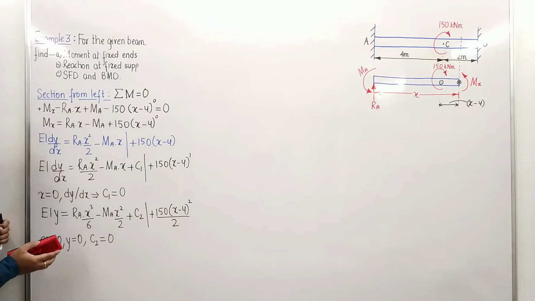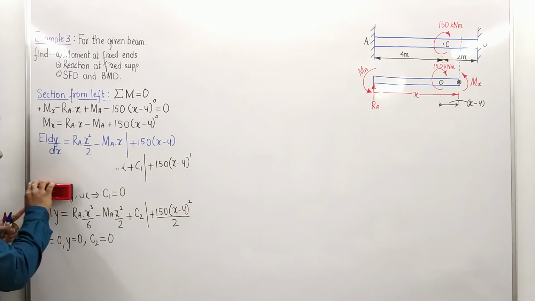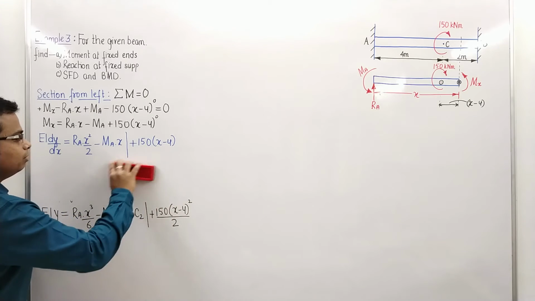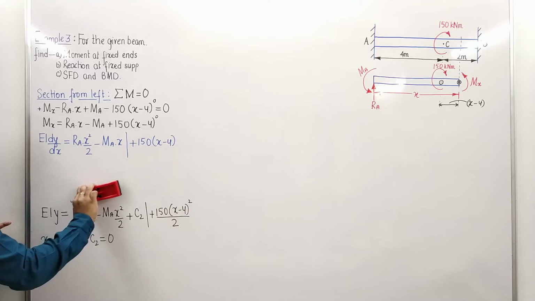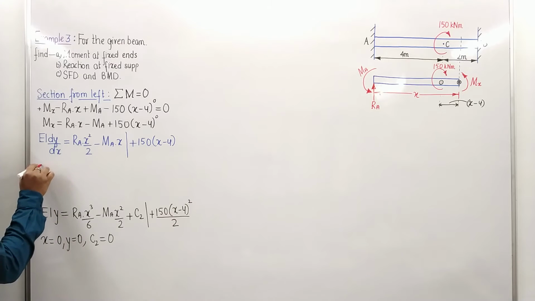And secondly, let me write the deflection equation. Let me make some space because a lot of calculation needs to be done. Let me write the deflection equation in red. You just need to plug in the value of C2 and that's it. That is the modified deflection equation.